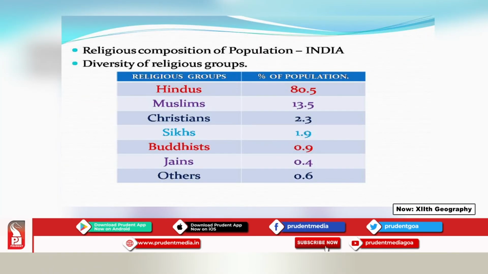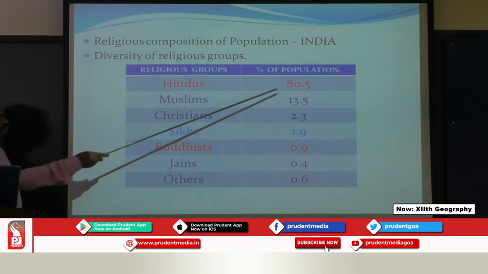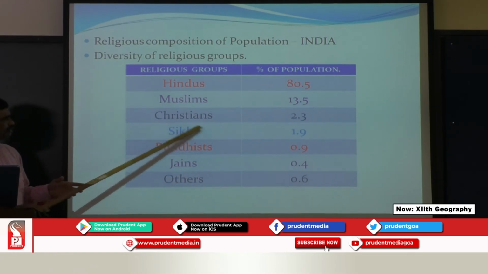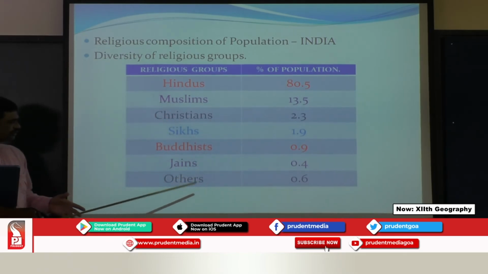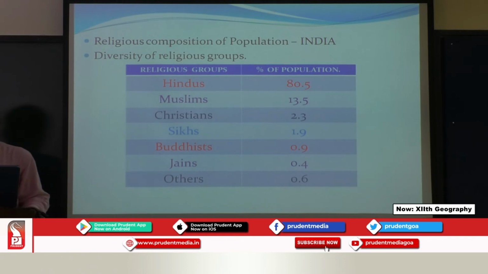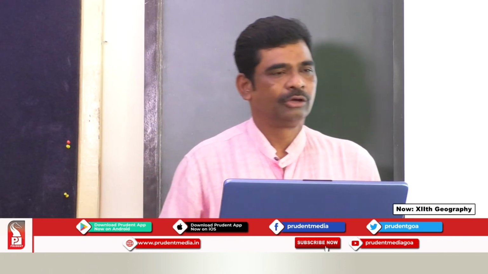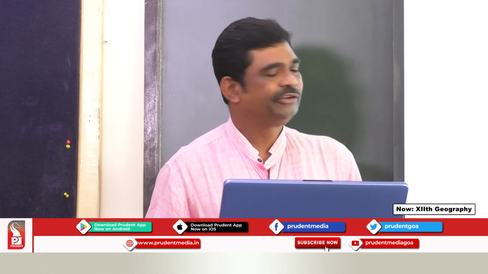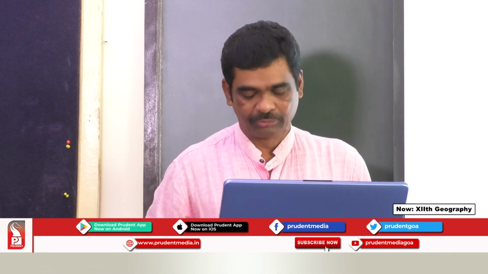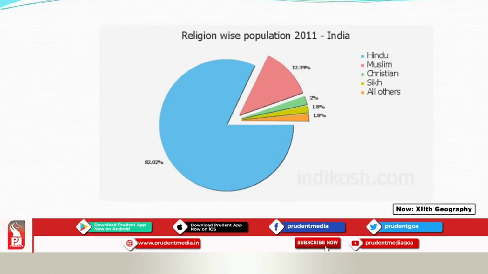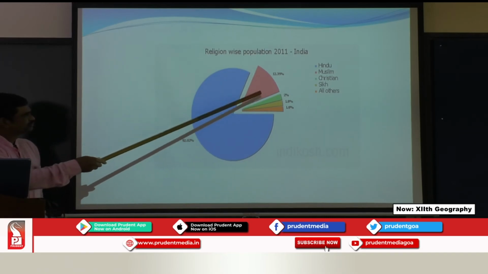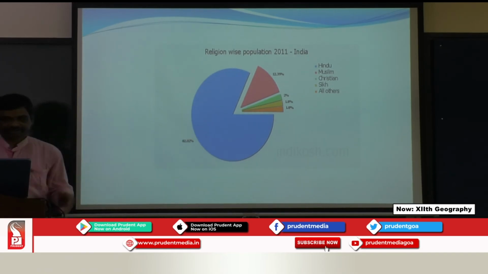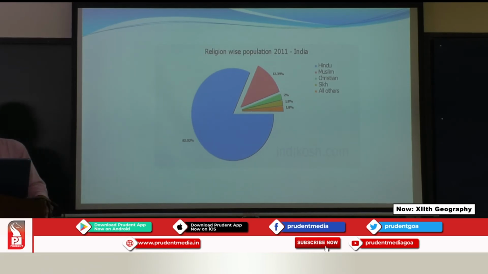A table which I have already explained, religious composition of India, Hindus 80%, Muslims 13.5, Christians 2.3, Sikhs 1.9, Buddhists, Jains, and others, minor groups, showing a very rich social and cultural life in our country. One more chart to explain the large percentage of Hindus, Muslims, and other groups. You can understand with these diagrams.